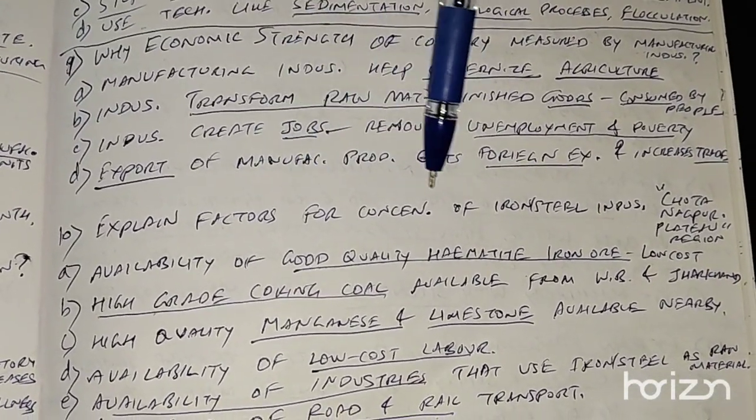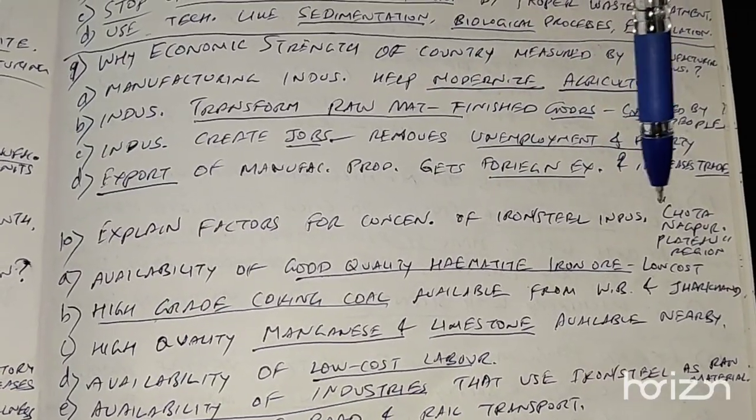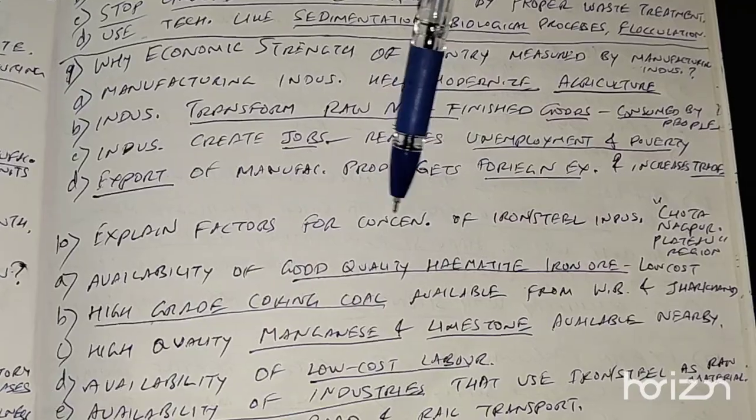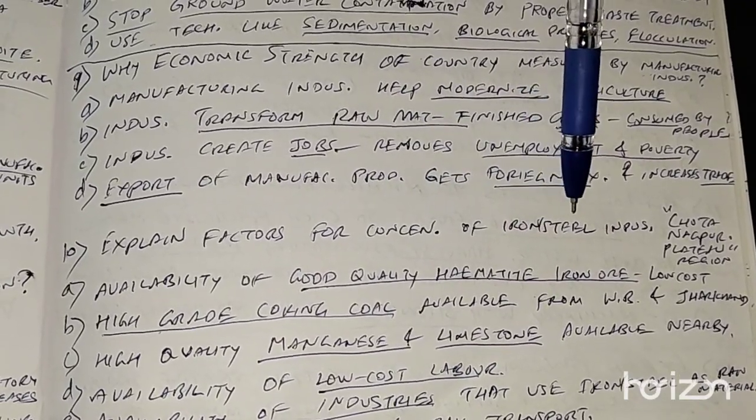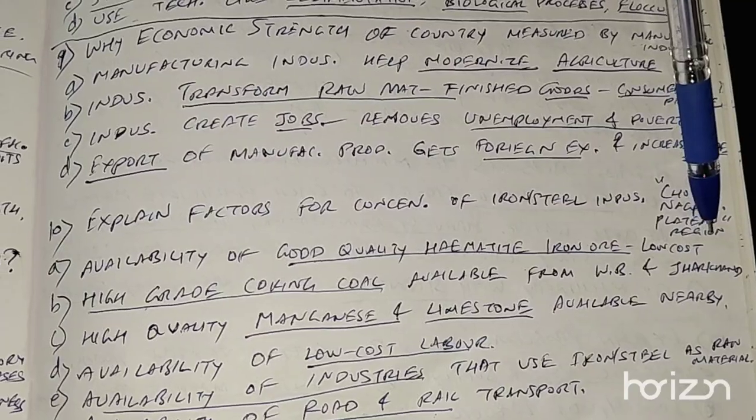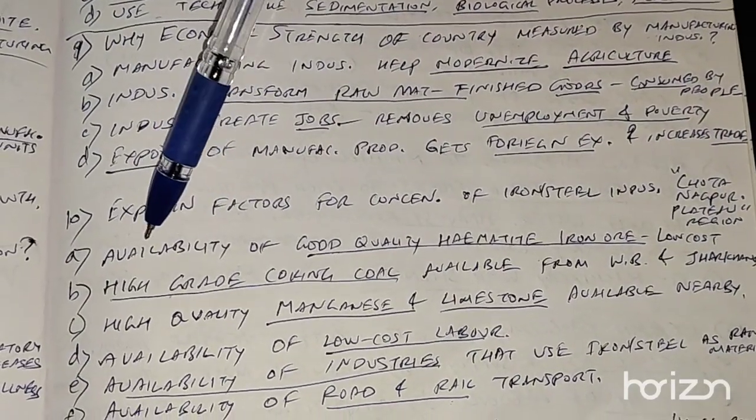Explain factors of concentration of iron and steel industry. Factors of concentration of iron and steel industry in the Chota Nagpur Plateau region. Why is it concentrated there?